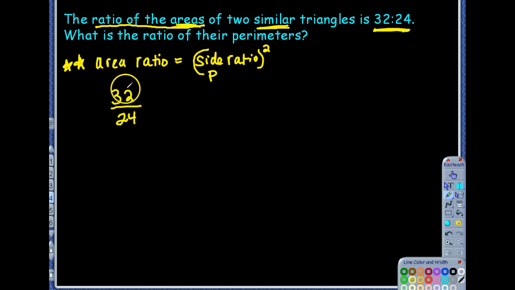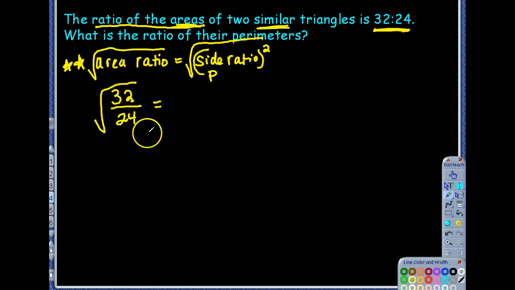So this area ratio is your side or your perimeter ratio squared. What am I going to have to do to get that perimeter or side ratio? I'm going to have to undo the square, so I'm going to take the square root. So in other words, we're taking the square root of this ratio here. Now, what do you think I'm going to suggest? I think you're going to suggest to simplify that first ratio. Yes.